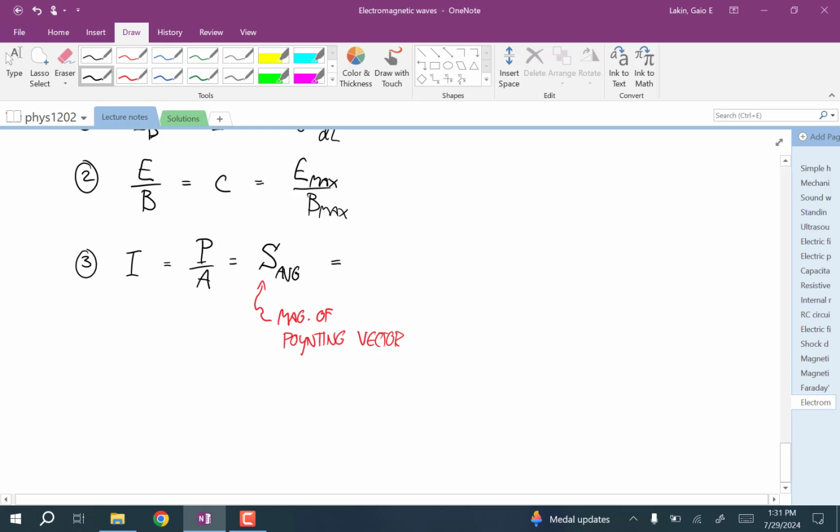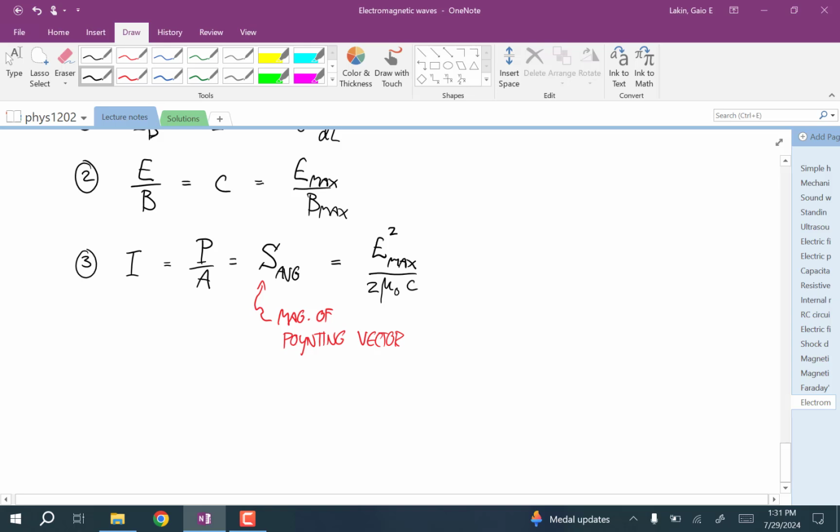So this average value of the Poynting vector, you can also calculate as the maximum value of the electric field squared divided by 2 times mu 0 times the speed of light.